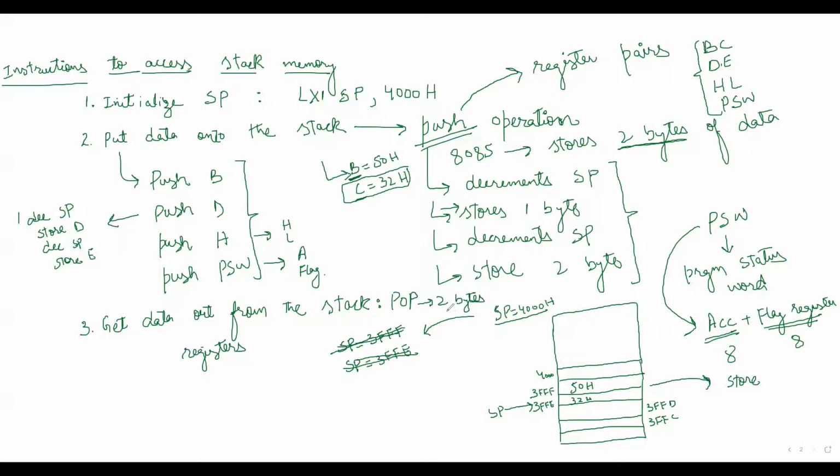How many bytes? 2 bytes. And I will store these 2 bytes in a register pair. So what are the possible instructions? One will be pop B, another will be pop D, another will be pop H, and the last one will be pop PSW.